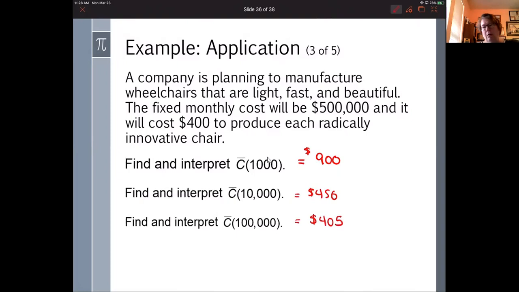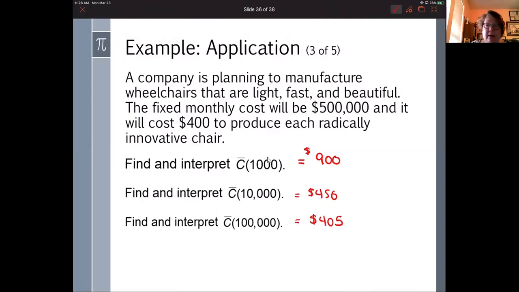So what does this mean? This means if I make 1,000 wheelchairs, the average cost of producing 1,000 wheelchairs would be $900 a piece. Fixed cost plus variable cost, the average cost would be 900. If I make 10,000, my average cost is going to be 450.